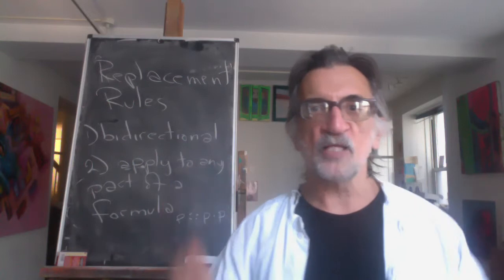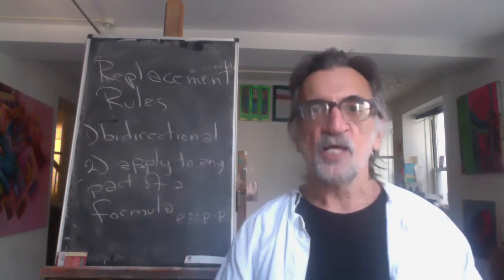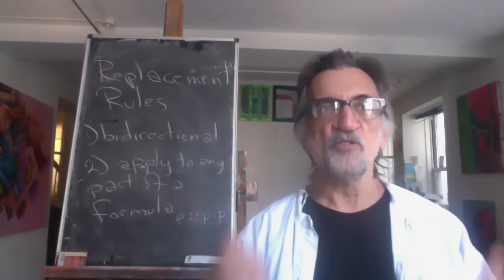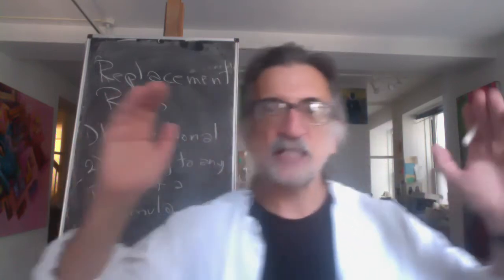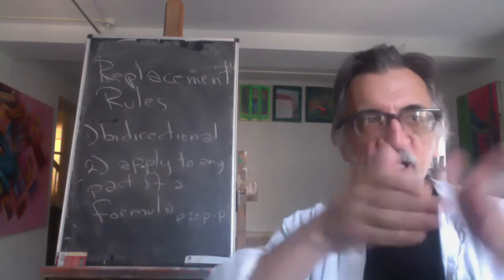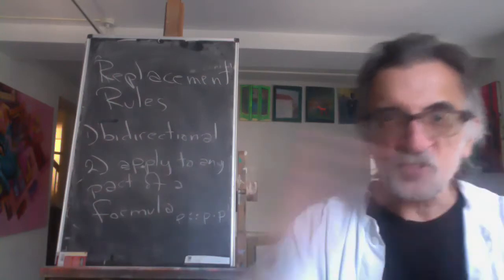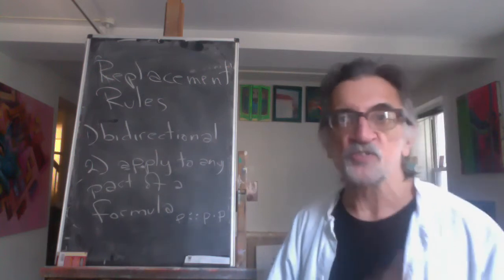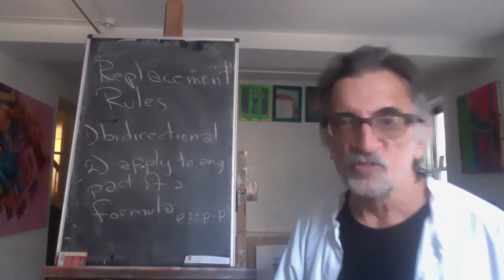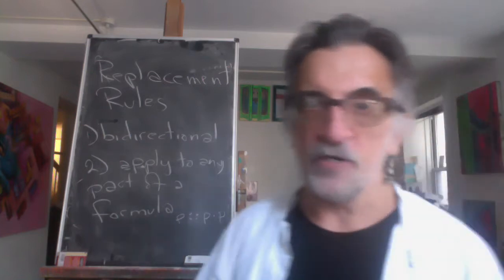If the entire line is a conjunction, then it's eligible to be used with an example of simplification. All right, but it has to be the entire line. You can't go digging around something within parentheses in a larger formula and apply simplification or modus ponens or any of the other rules of inference to that one part of a formula.